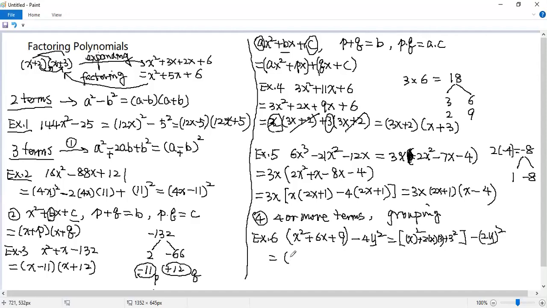So we get (x plus 3) squared minus (2y) squared. We can apply the difference of squares, a squared minus b squared, which equals (a minus b) times (a plus b).